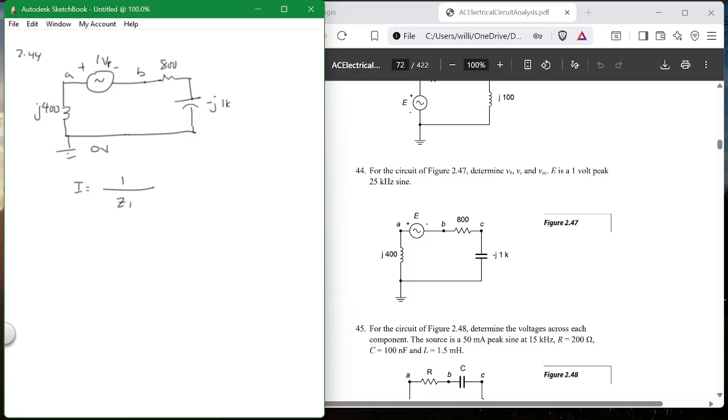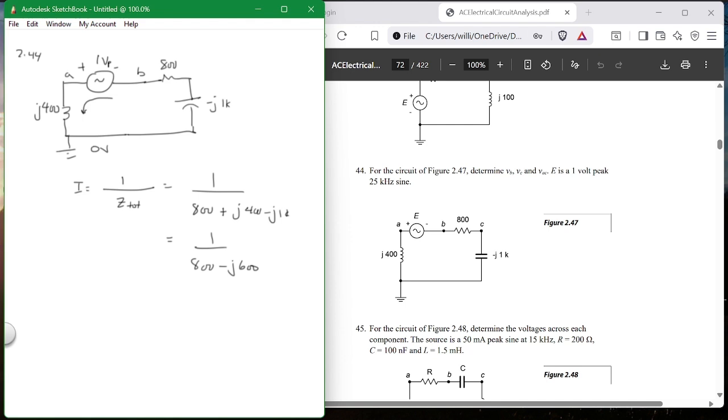So Z total is equal to 800 plus J400 minus J1K. So I is equal to 1 over 800 minus J600. Anybody have any problem with that? And which way is I going? Is I going to the left, right?